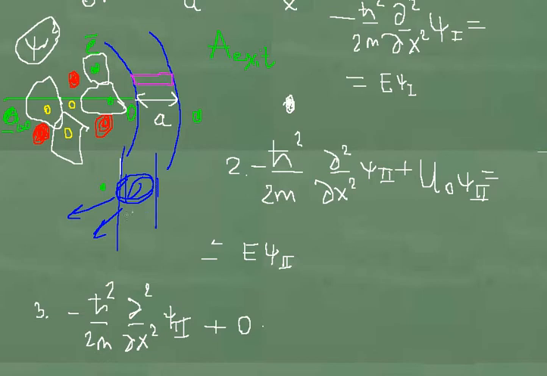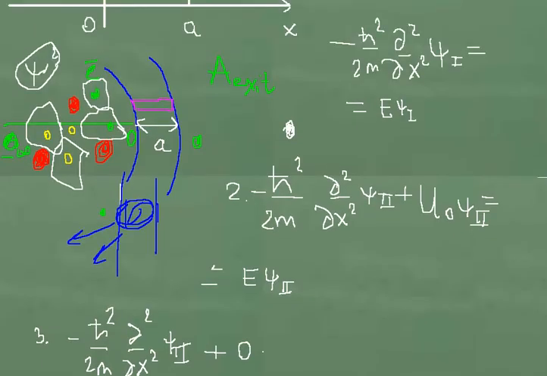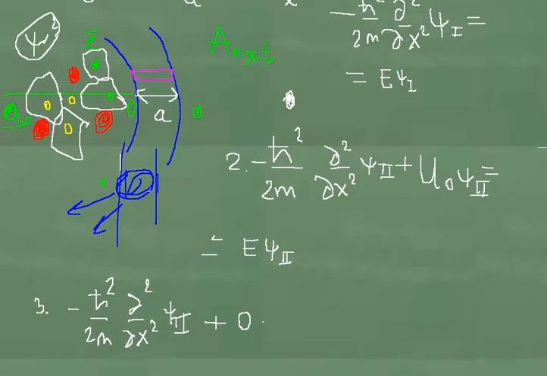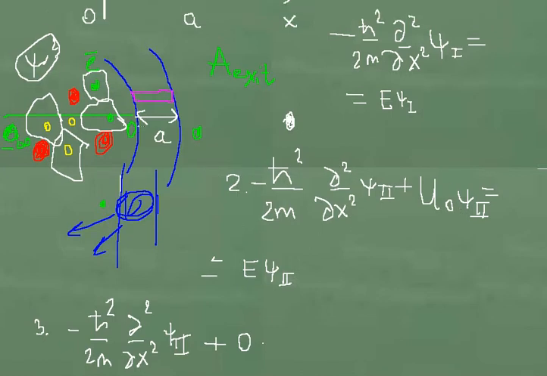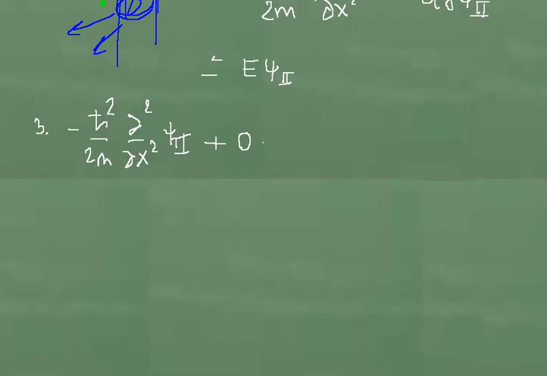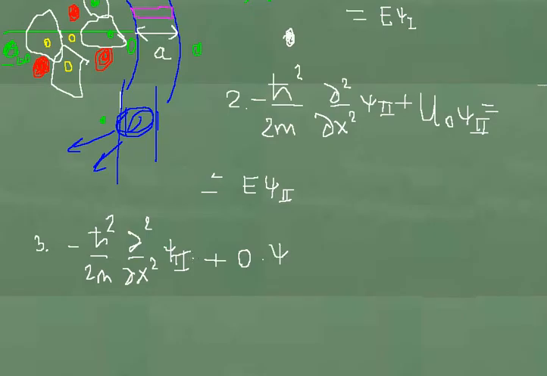Or it can be understood that the kinetic energy is much more than some potential energy, with no forces within this area. Okay, let's write the Schrödinger equation for the first area.